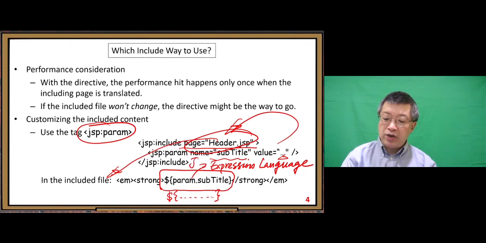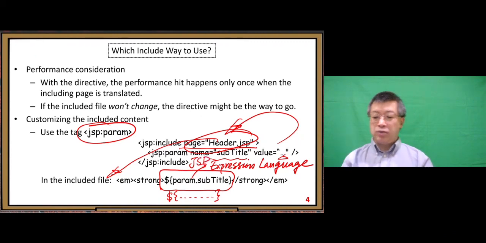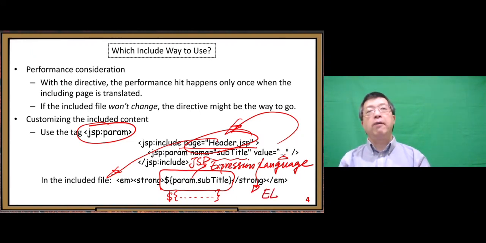This kind of special structure is called JSP expression language. Usually people just call it EL. EL is a very nice feature of JSP, extremely powerful, extremely useful.